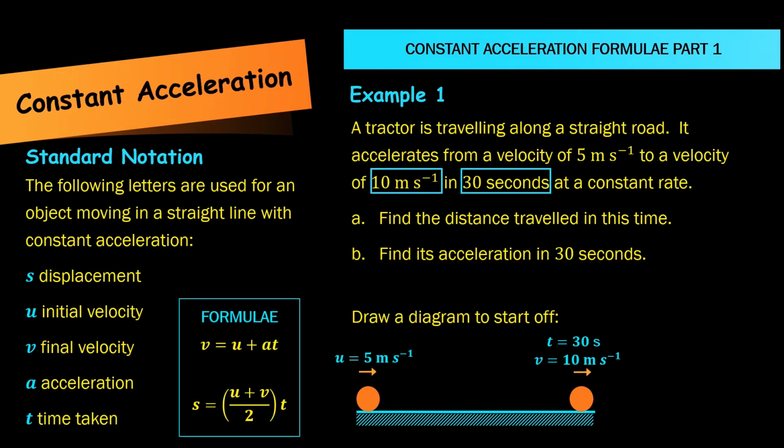So v equals 10 meters per second and t equals 30 seconds. We are required to find in part A the distance travelled, and this of course is represented by s. And we are also required to find the acceleration in part B, and that is represented by a.